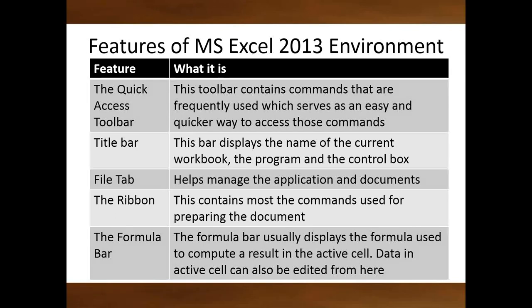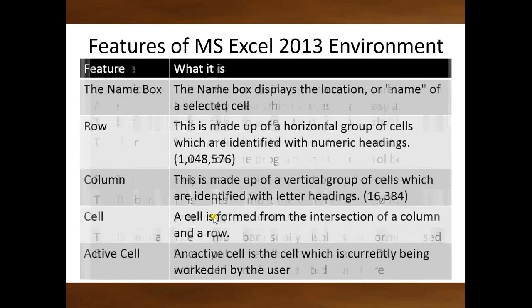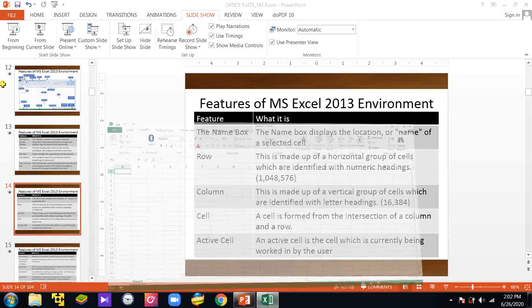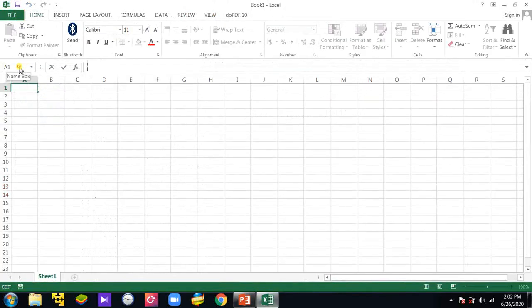But the main purpose of the formula bar is to first of all display formulas used to compute a result, and also allow us to modify the formulas or the contents found in an active cell. Then we have the name box. This is the name box.